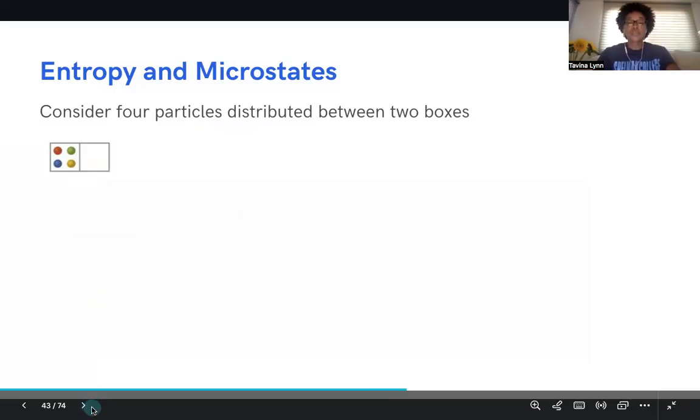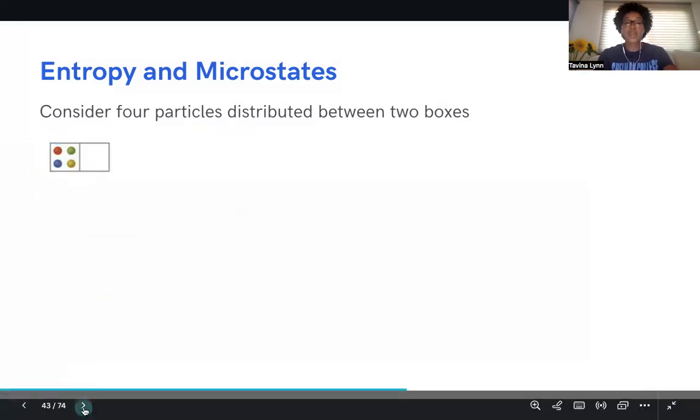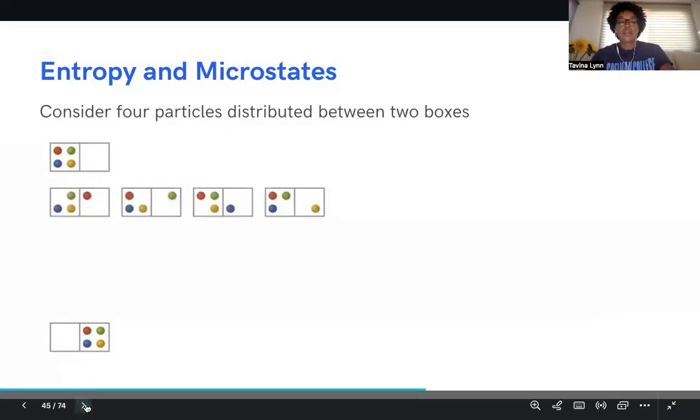If we visualize this, we can have all four particles in our left-hand box and nothing in the right-hand box. And then we can have the opposite, where all four are in the right-hand box and nothing in the left-hand box. We could also have 3 in the left-hand box and 1 in the right-hand box.